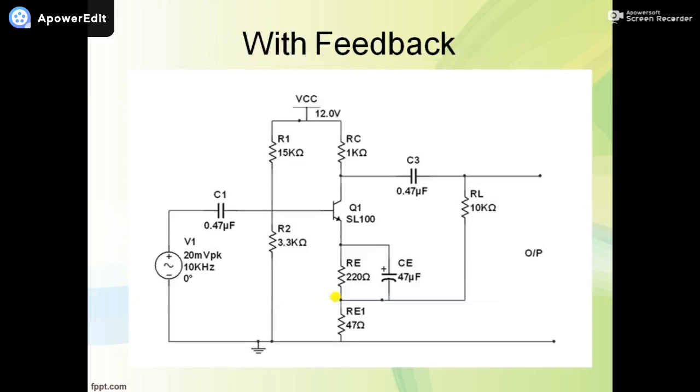Then what are the benefits of feedback in the amplifier circuit? Actually in the voltage amplifier circuit, there are some important parameters like voltage gain, bandwidth, input and output impedance.